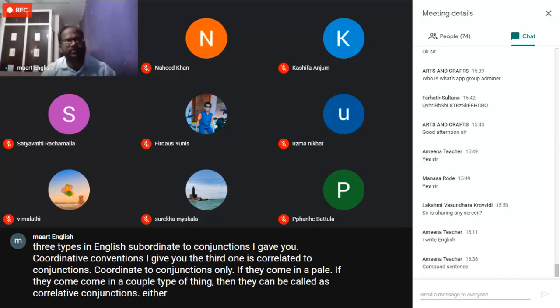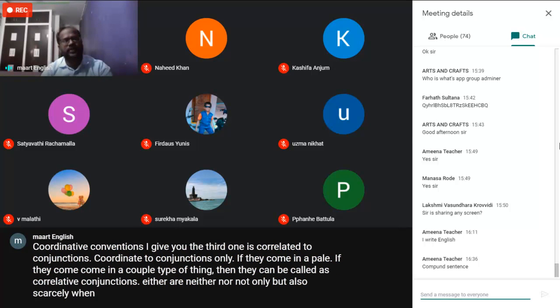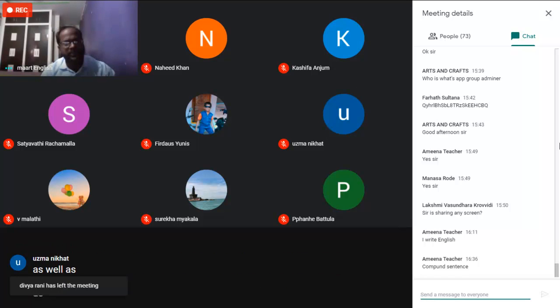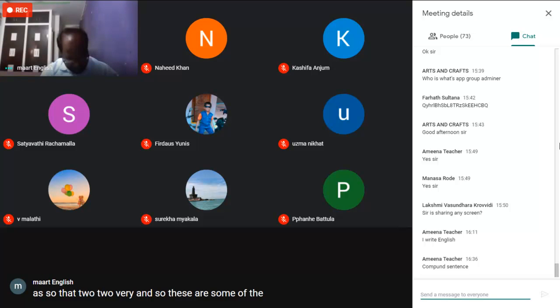Either or, neither nor, not only but also, scarcely when, no sooner than, hardly when, as so, so that, to very and so. These are some of the correlative conjunctions.